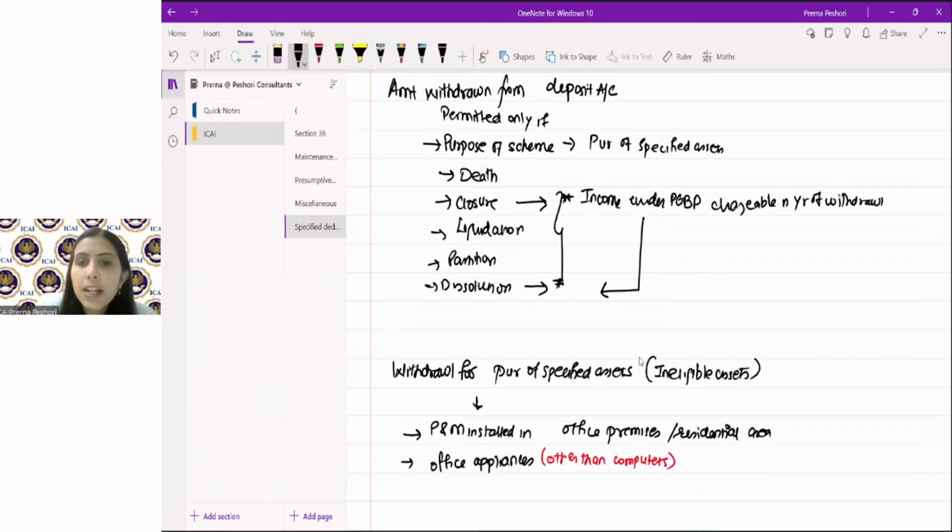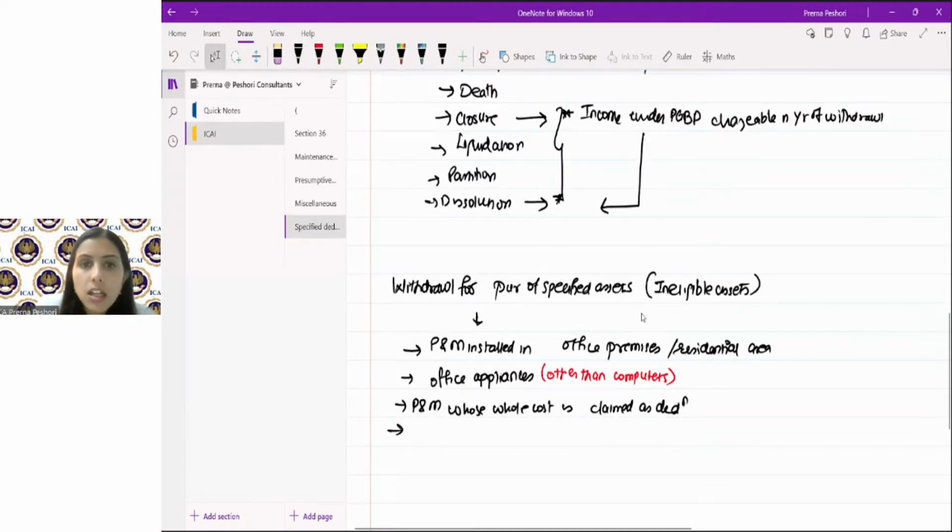Plant and machinery whose whole cost is claimed as deduction. Plant and machinery installed in the industrial undertaking. Industrial undertaking for the manufacturing or production. Are we clear?